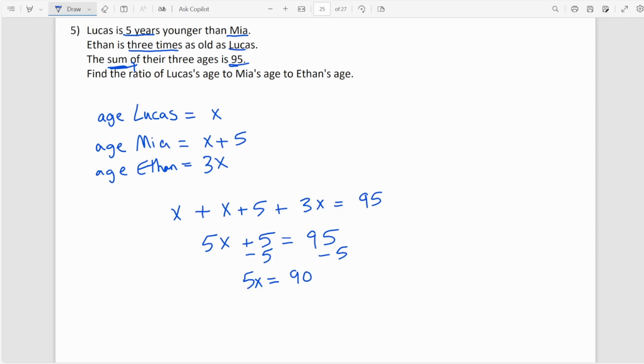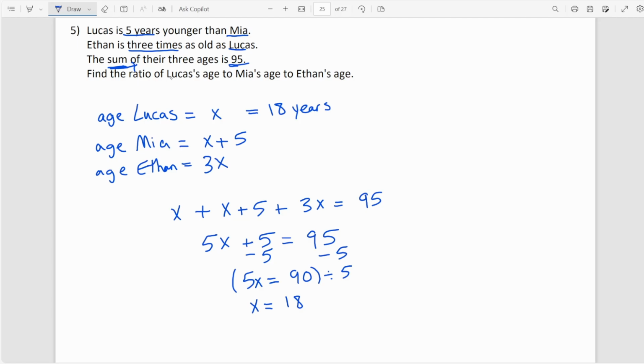And finally, to get rid of the coefficient, I will divide through by 5, and 90 divided by 5 should give us 18. So now we know that x is 18. What is x? It is Lucas's age. So he's 18 years. All right.